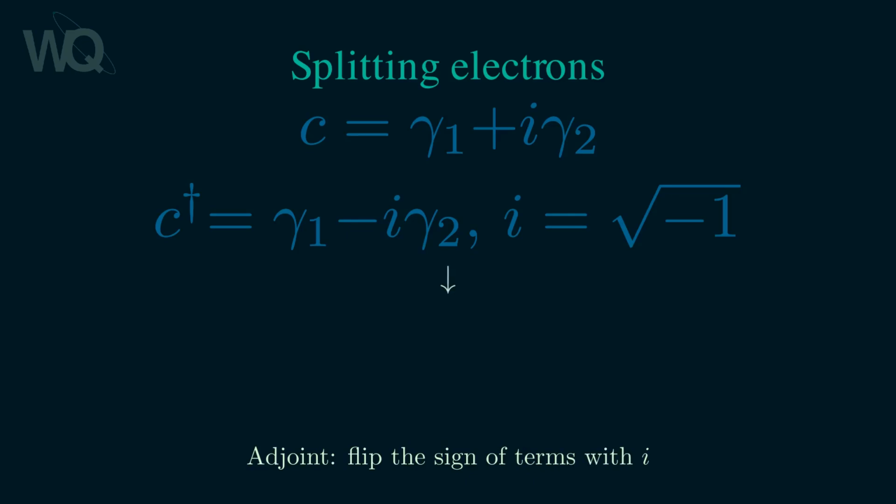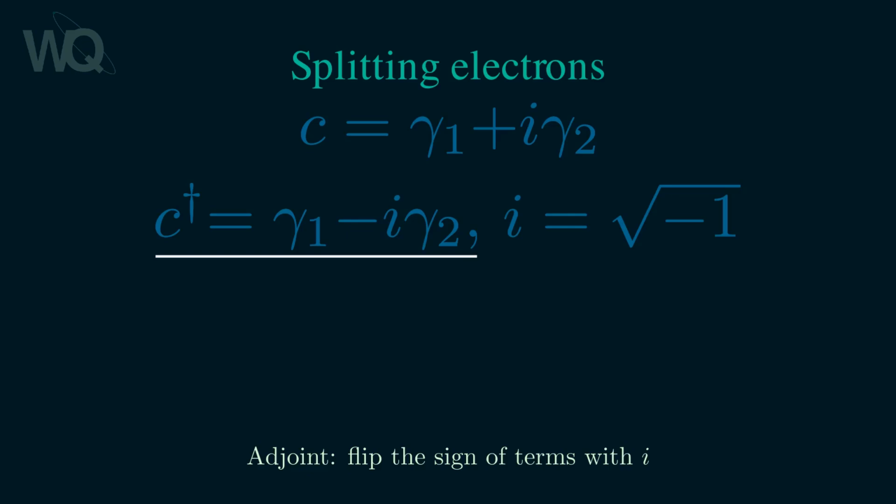So, to find the creation operation that is consistent with this expression of C, we have to take the adjoint on both sides, so that on the left we get the creation operation and the adjoint on the right side just flips the sign of this term. And that is exactly what I had written for C dagger.